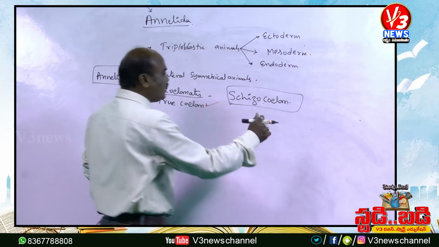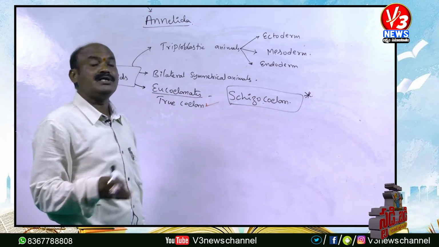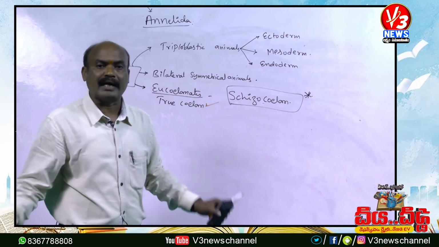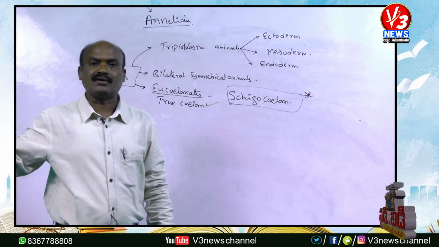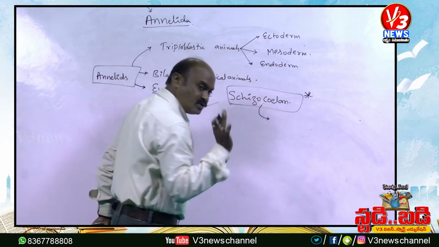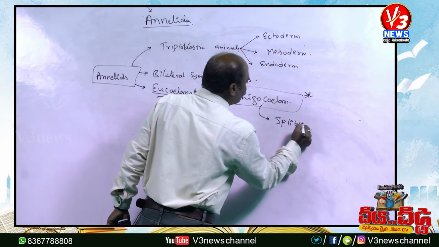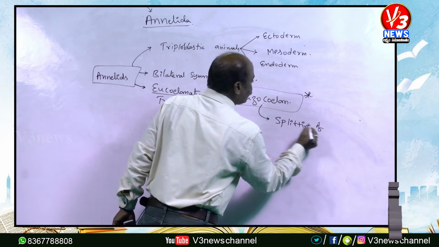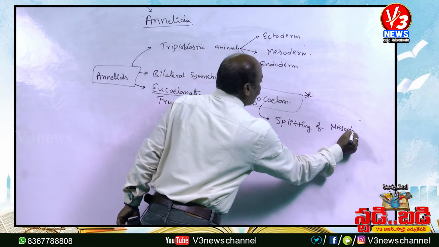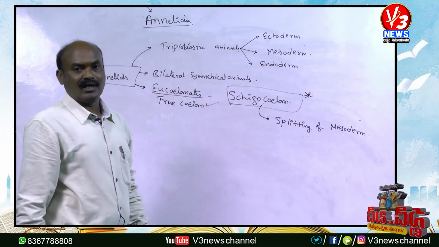Right. Now what is meant by schizocoelom? Based on the formation of the coelom, it is of 2 types: schizocoelom and enterocoelom. Schizocoelom is the true coelom which is formed by the splitting of mesoderm. That's why it is schizocoelom.